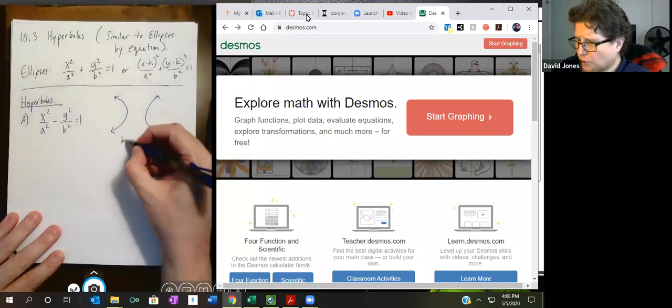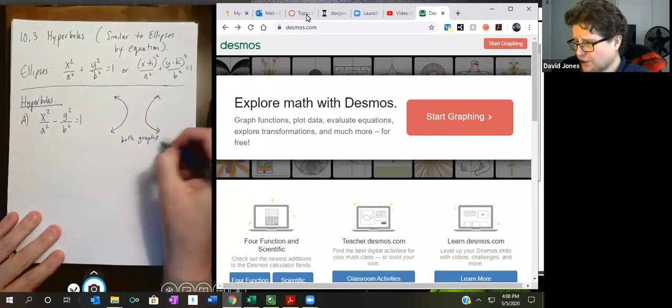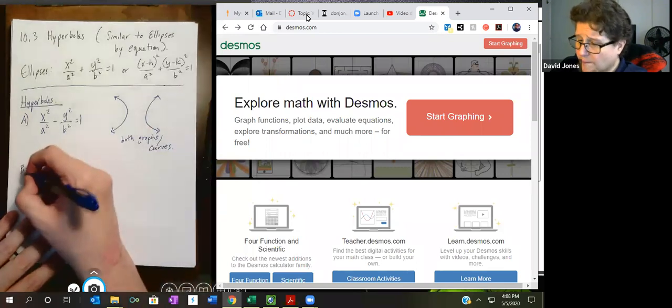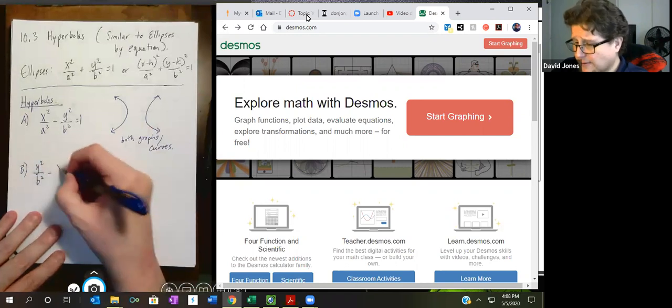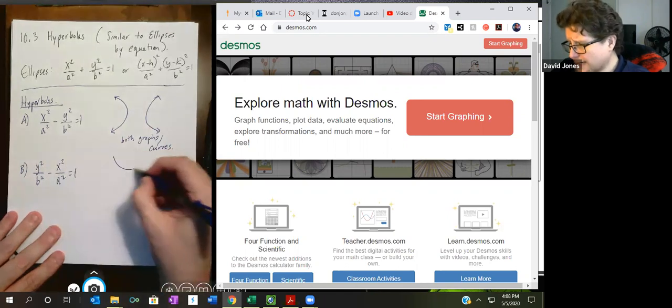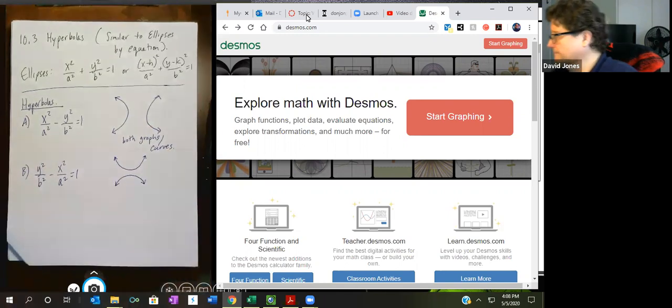And it's both graphs, not just one. Both graph curves. Alternatively, if the y squared term is positive, they open up and down. Okay.